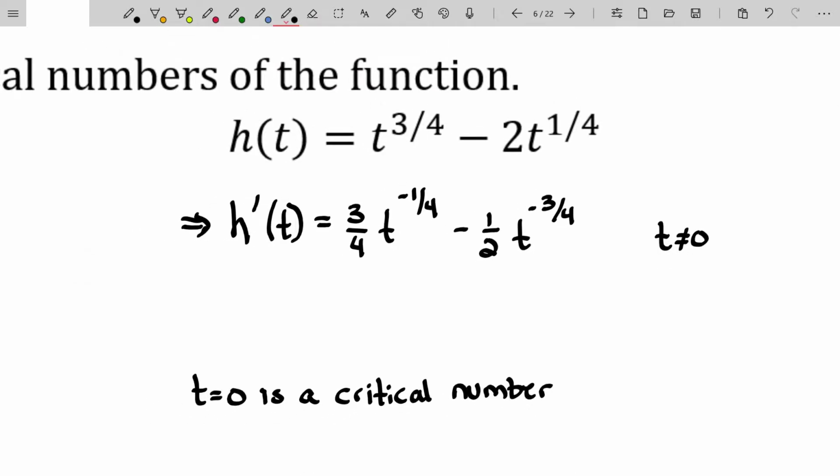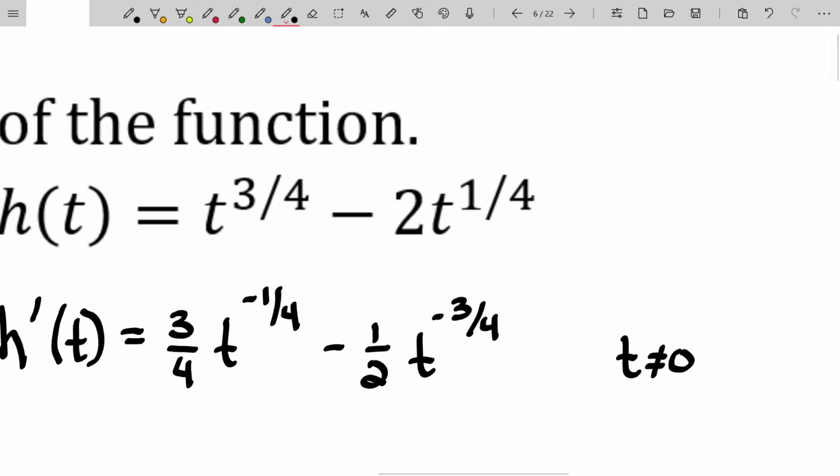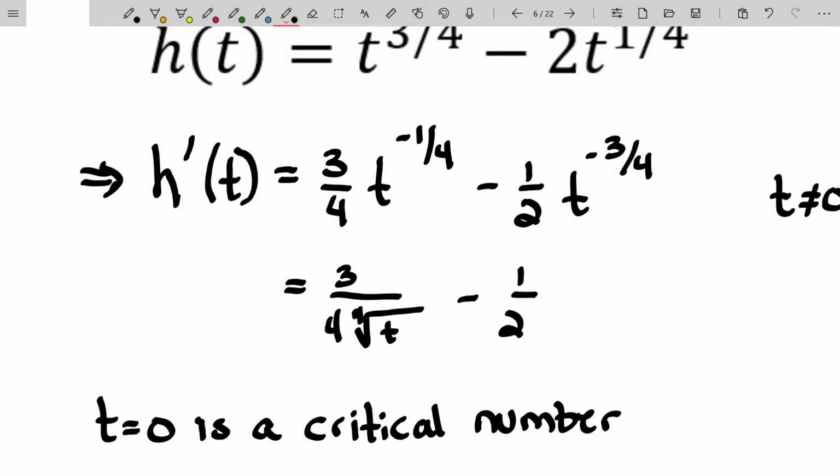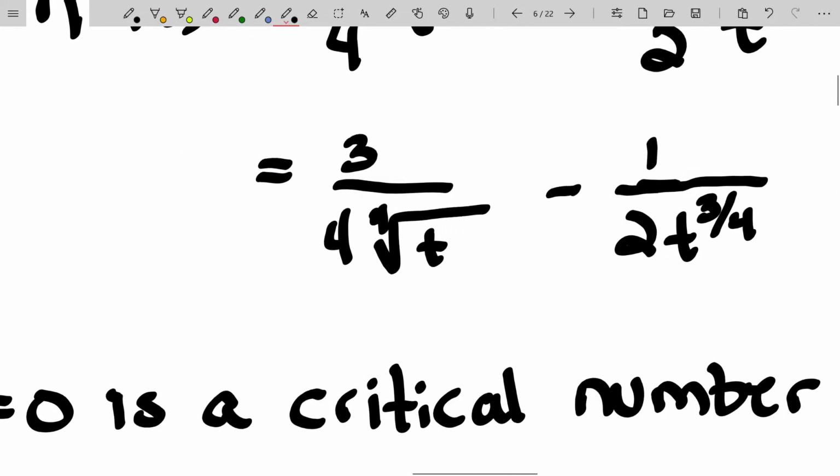Let's also take a look at other places our derivative doesn't exist. Well, think about the domain of the original function. Some people will argue that the derivative doesn't exist when t is negative, because if you look at this derivative here, it's 3/4 times the 4th root of t minus 1/2 times, I'll just write this as t to the 3/4. T must be positive.